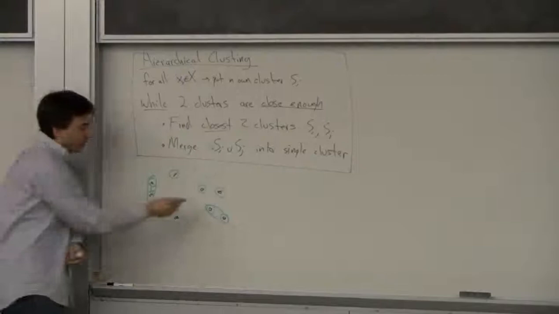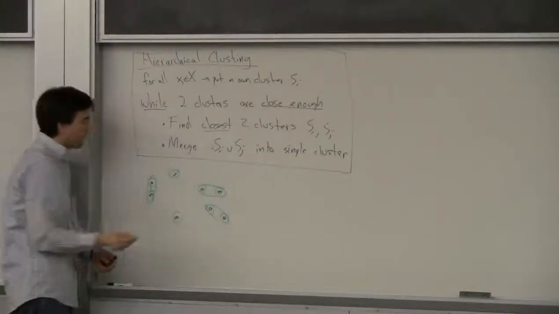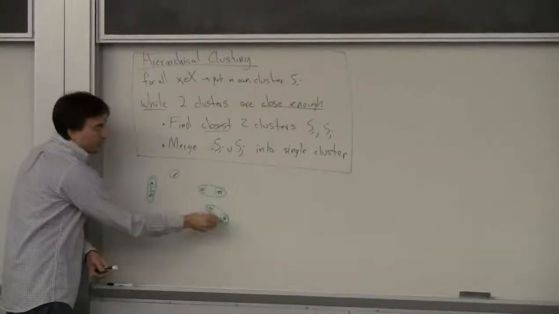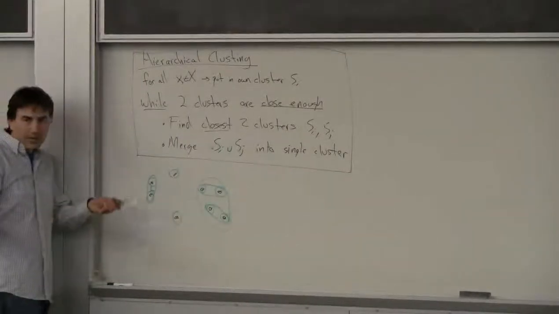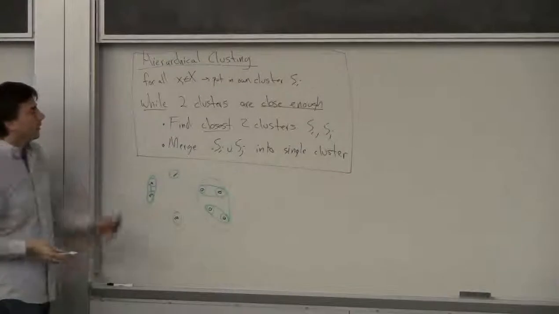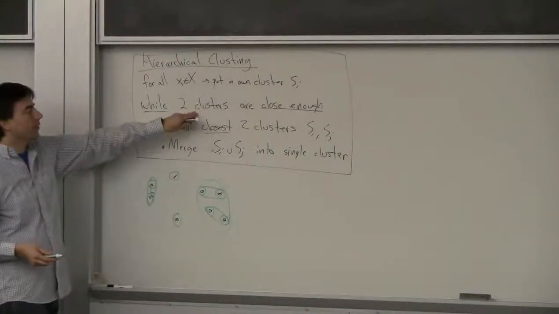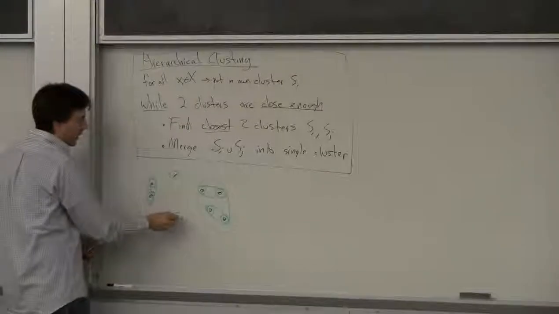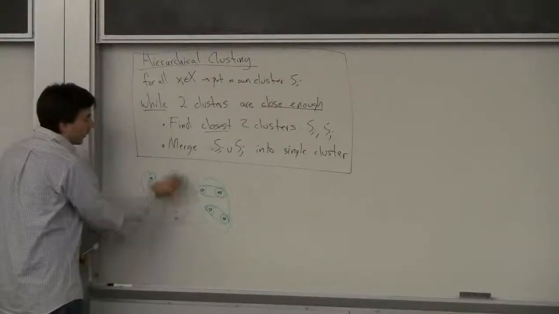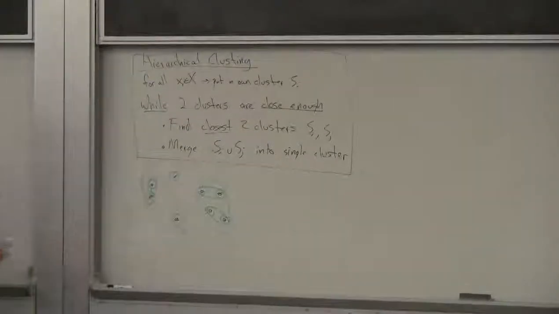And I say, well, these two clusters are pretty close, so I make them into a single cluster. Maybe I stop now. Maybe I say there are no two clusters which are close enough. Maybe I keep going and this becomes one cluster and this becomes a cluster. So this is the basic algorithm.